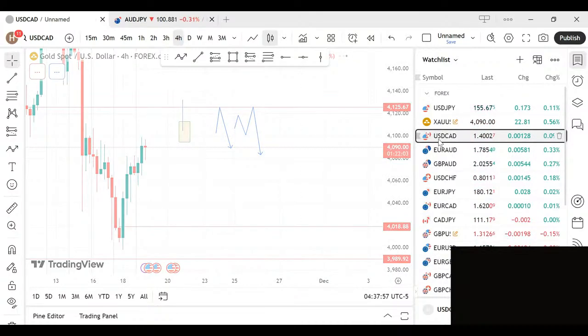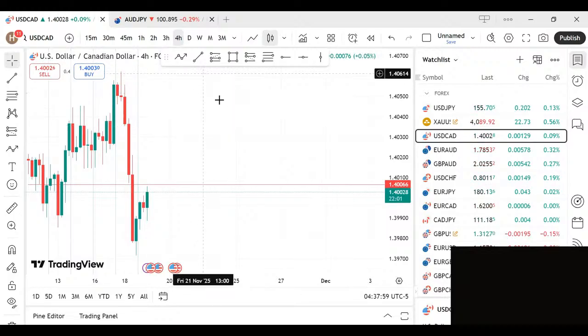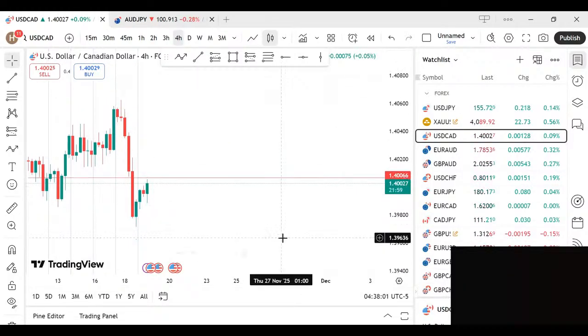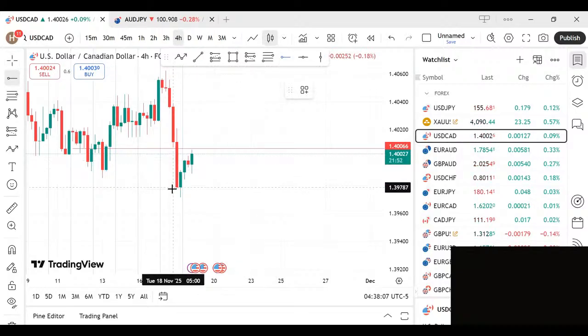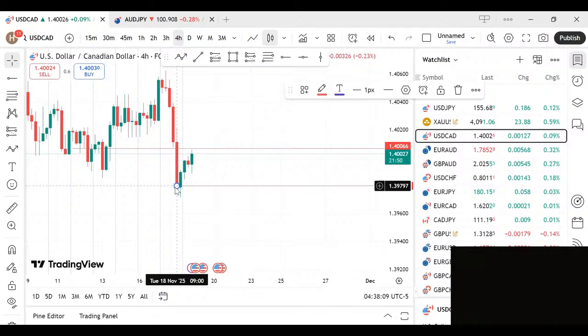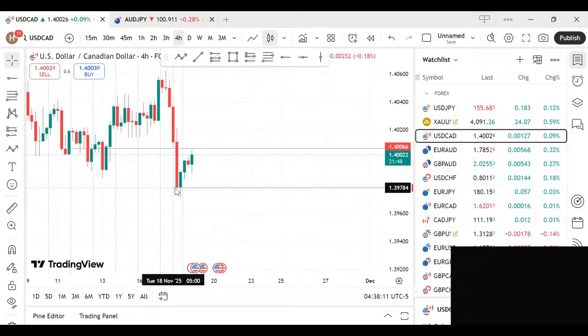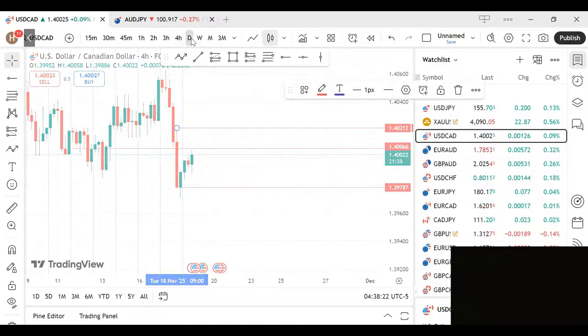USDCAD. Let's see USDCAD. I'm actually looking forward to buying USDCAD. But trust me, I'm waiting for price to come and tap this particular 4 hours V-shaped key level, because this is a confirmation entry for me. And at least I'm going to take the buy to this particular high. But it has not happened.